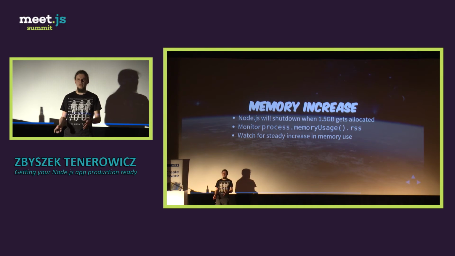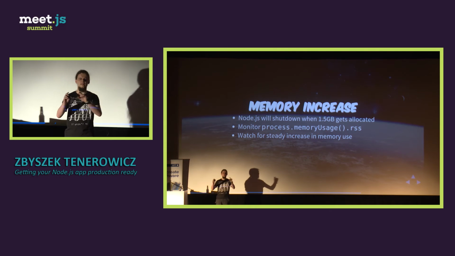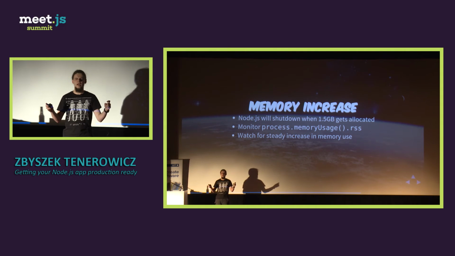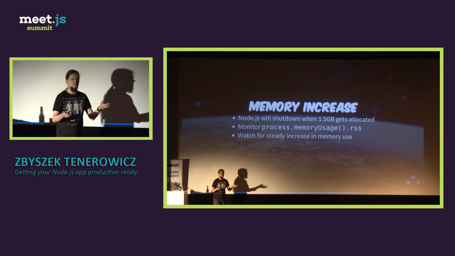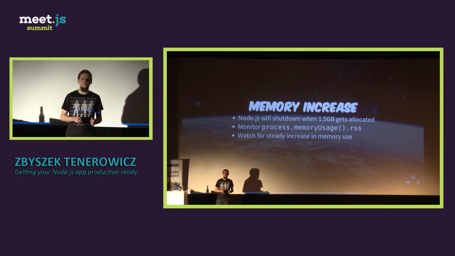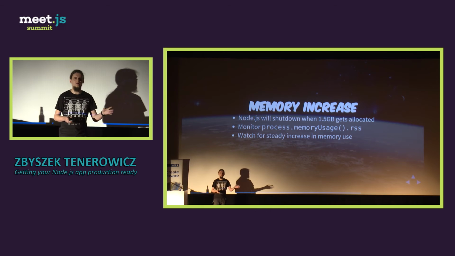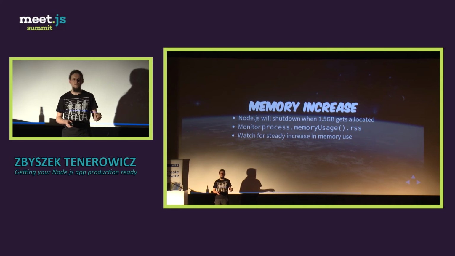And JavaScript garbage collection has trouble when you have a lot of things that exist in memory and very few things to collect, because this is the bad case for JavaScript garbage collection. So because of that, a node process is limited to something around 1.5 gigabytes of memory.